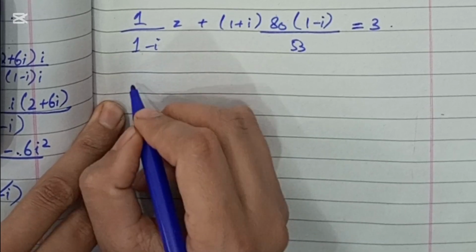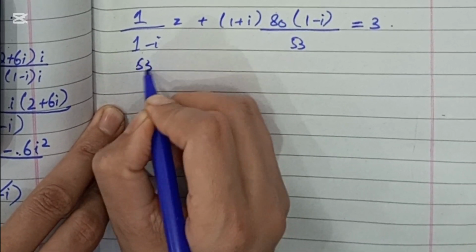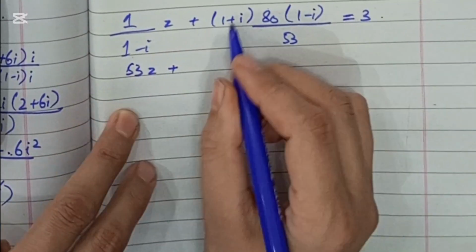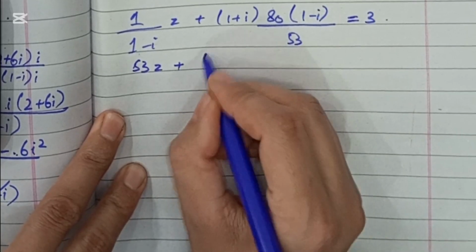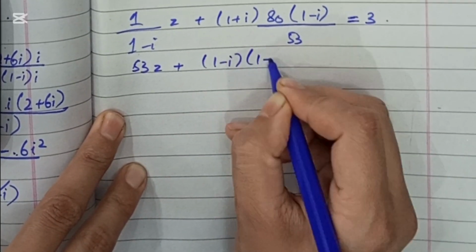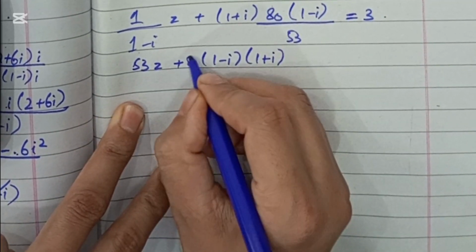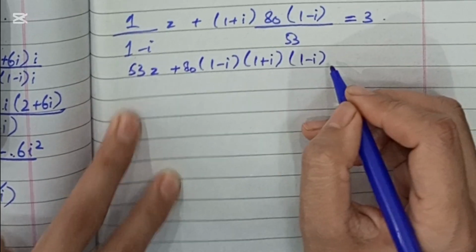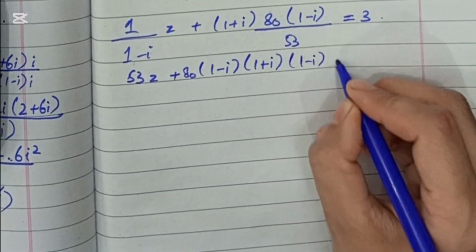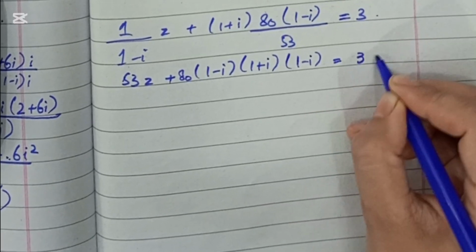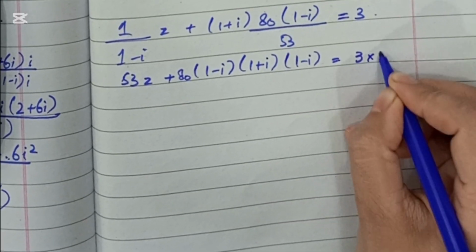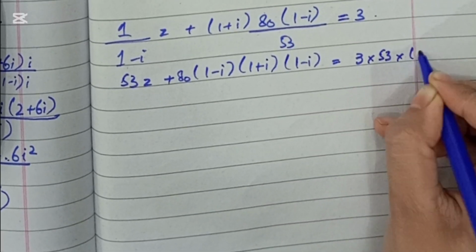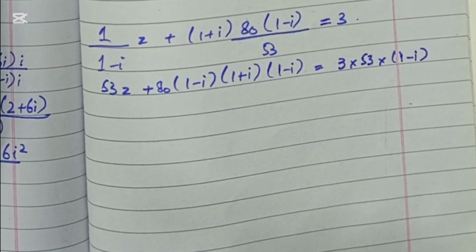So from here 1 minus iota will be cancelled. 53 will be left, and on this side 53 will be cancelled, 1 minus iota will be left. Okay, so on this side we will be left with 3 into 53 into (1 minus iota).